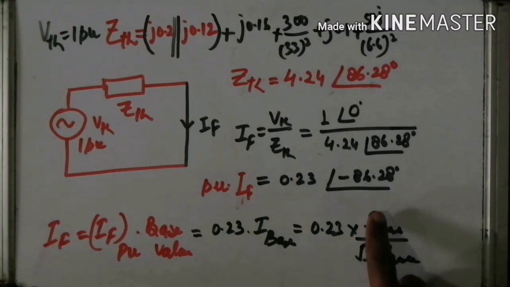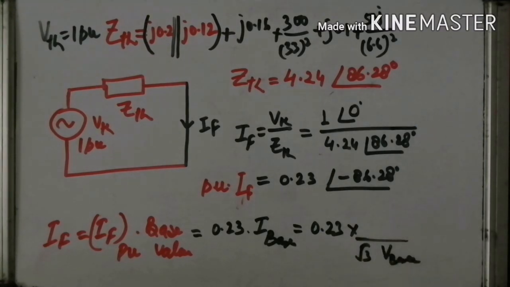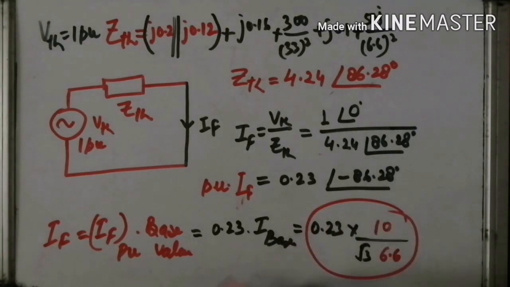The value of S base is 10, and V base is 6.6. After the calculation, the actual value of fault current is 201.9 ampere. Actual value of fault current in the given circuit is 201.9 ampere.